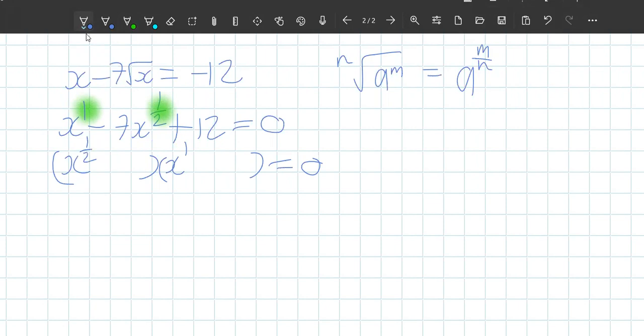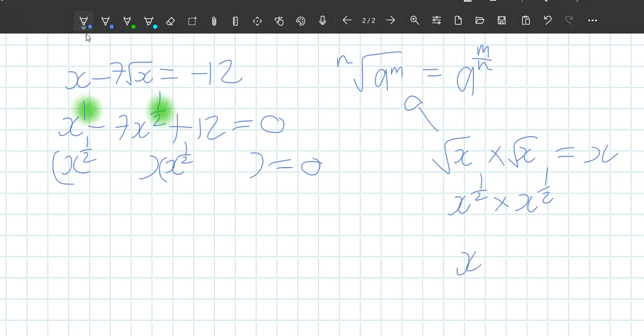Now, just to know that you have x to the power of half here, because the square root of x times the square root of x is equal to x. So we're using this rule. If you look at this rule, that would also be a half times a half. We could easily just say this simplifies to x to the power of a half plus a half, which is x to the power of 1. Whichever way you look at it, this works.